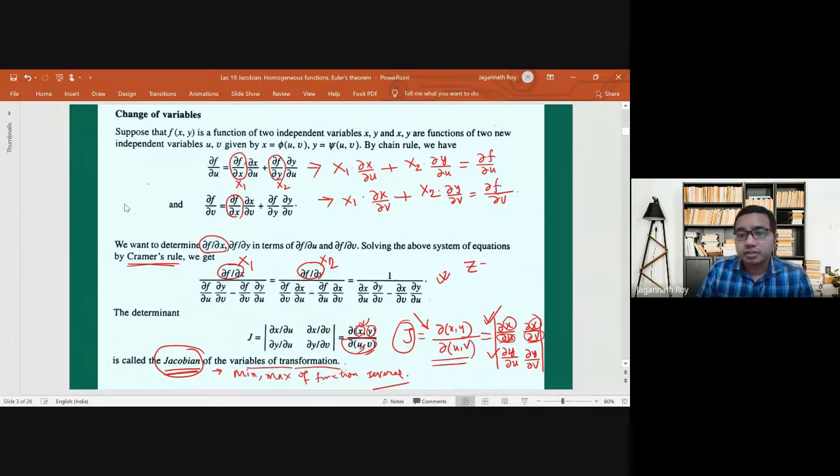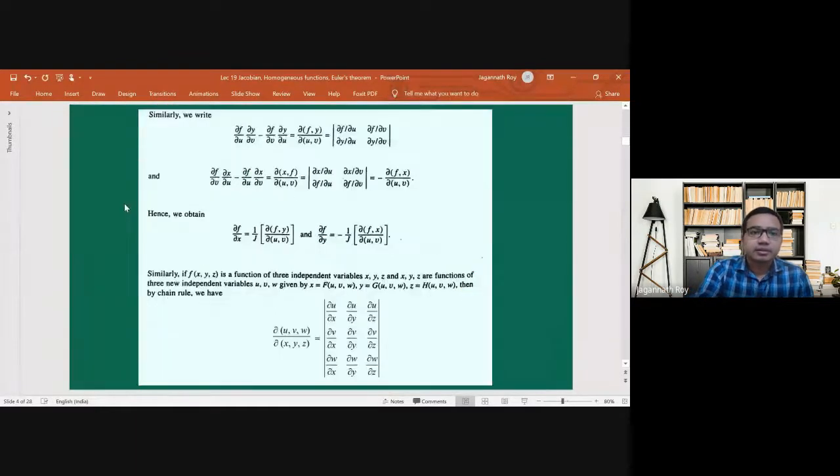Note that z is a function of x and y, and x is a function of u and v, y is also a function of u and v.